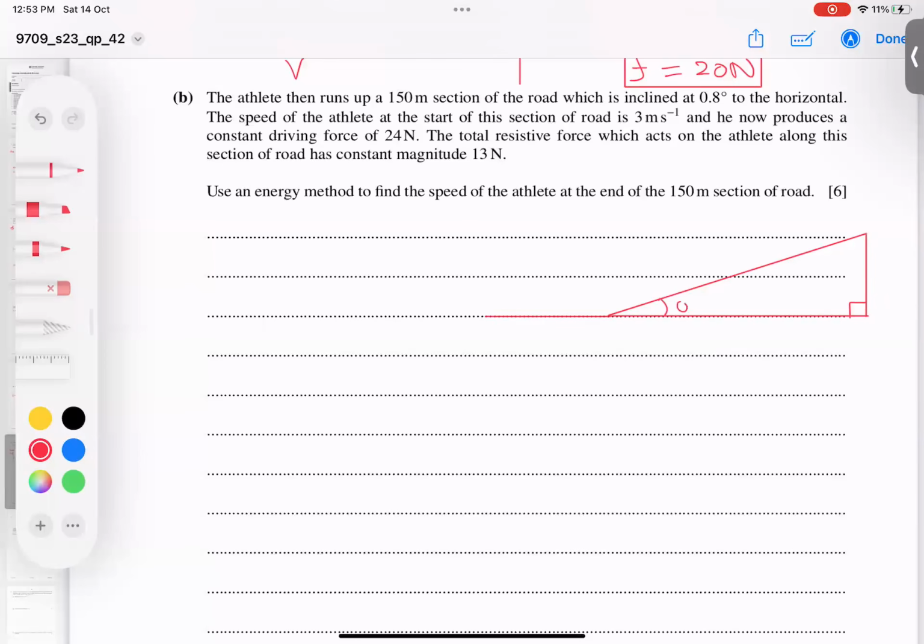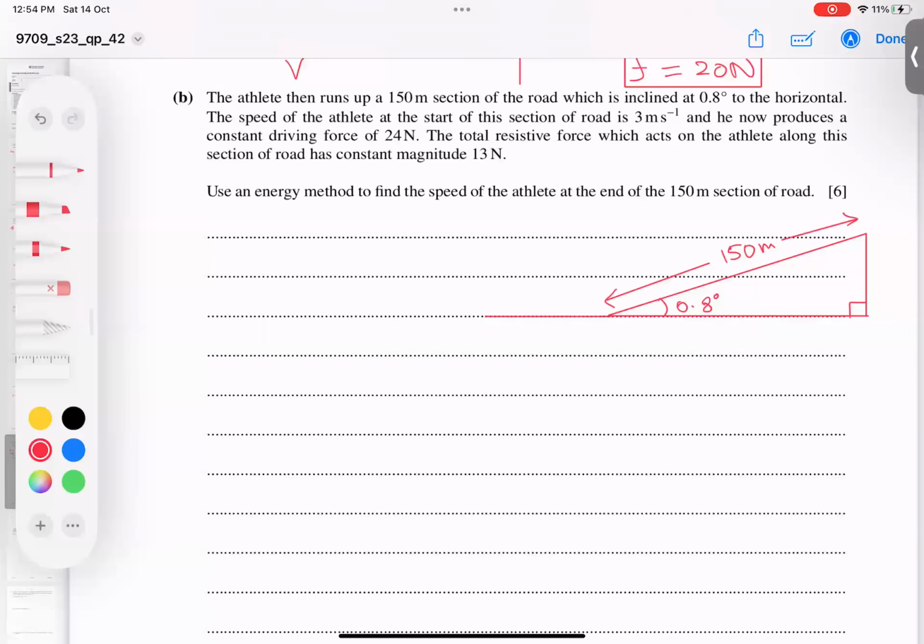So here is 0.8 degrees with the horizontal, and the section distance is 150 meters, from here till here.